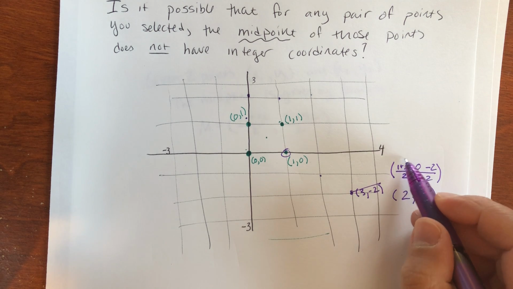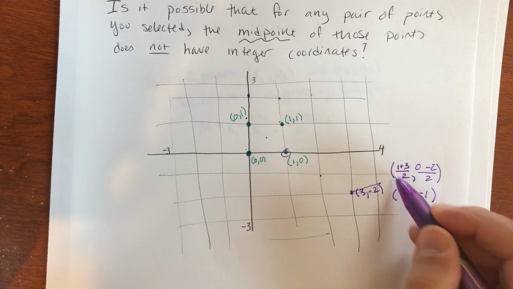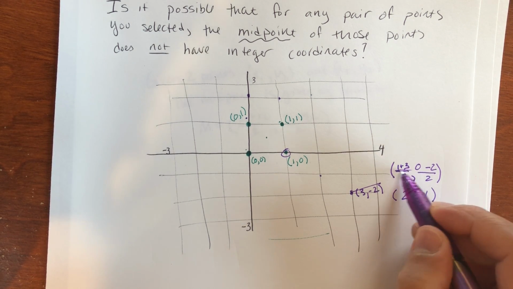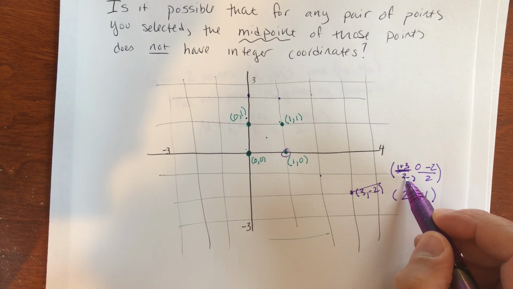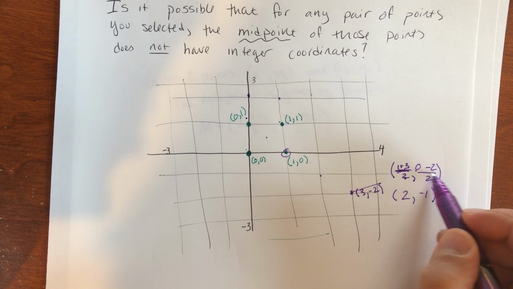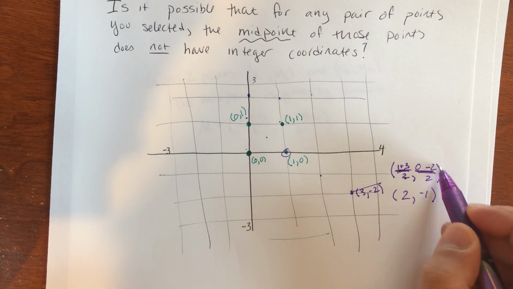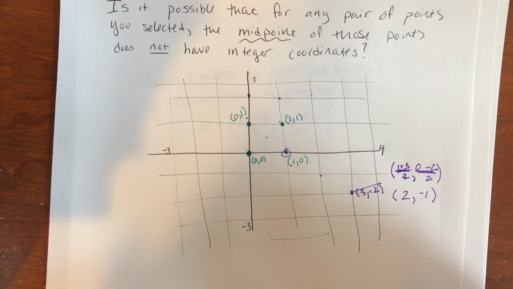The issue here is this is going to be an integer whenever the number on top, your x1 plus x2, is even, because an even divided by 2 is going to be an integer. And whenever y1 plus y2, with the y coordinates, the top of this second fraction, is even, because an even divided by 2 is an integer.